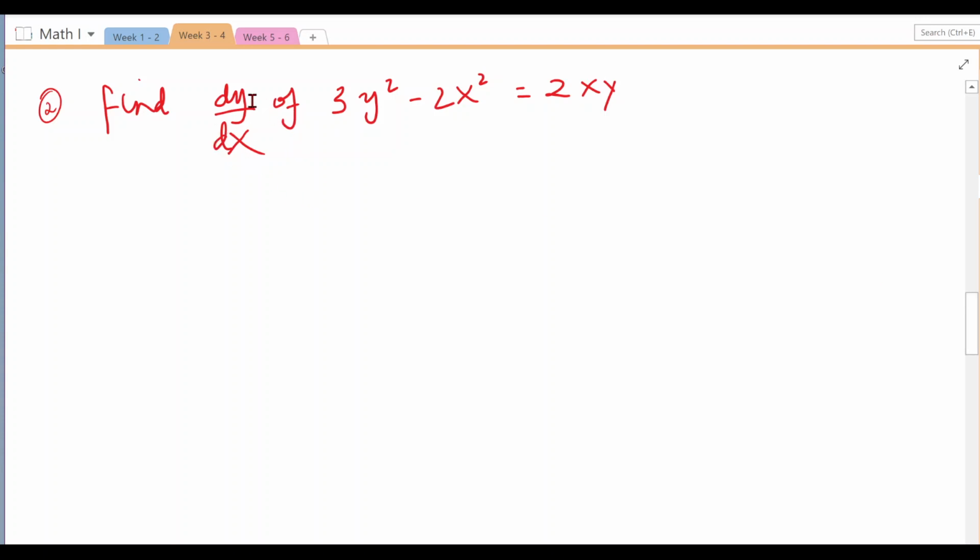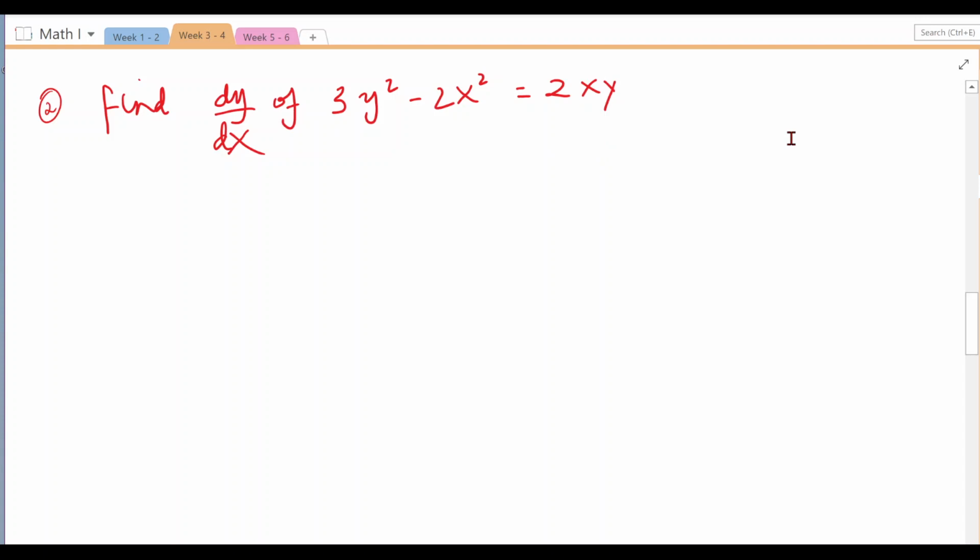Find the first derivative dy over dx of this implicit function. Okay, so just like before, if we try to express y explicitly, we probably cannot, because we have 2xy on the right hand side here, and then we have 3y square on the left hand side, so we probably cannot express y explicitly.